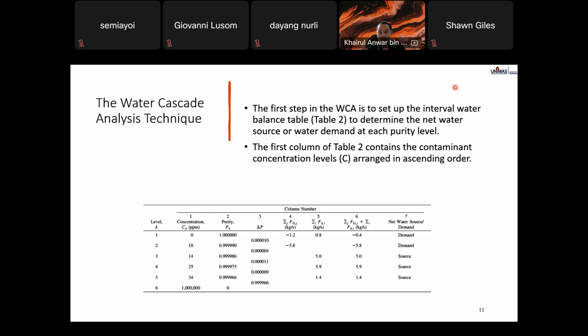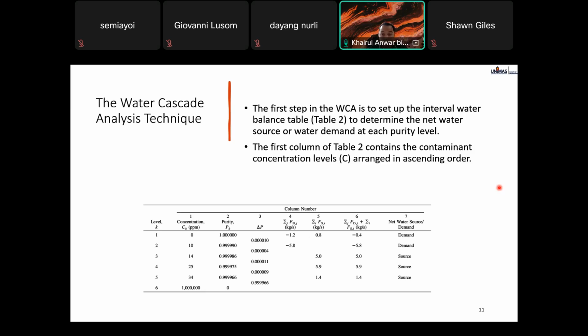The first step in the WCA is to set up the interval water balance to determine the net water sources or water demand at each purity level. The first column of Table 2, you can refer to the paper by Manan 2004.